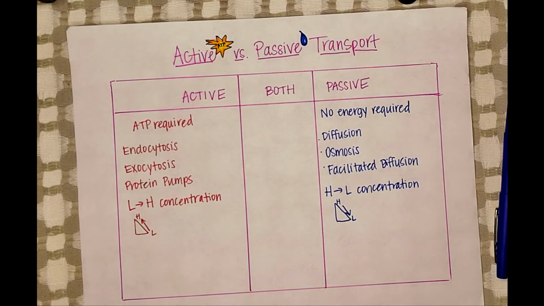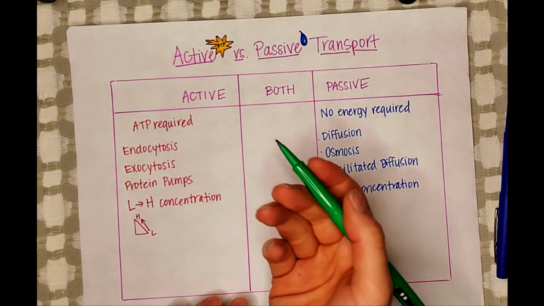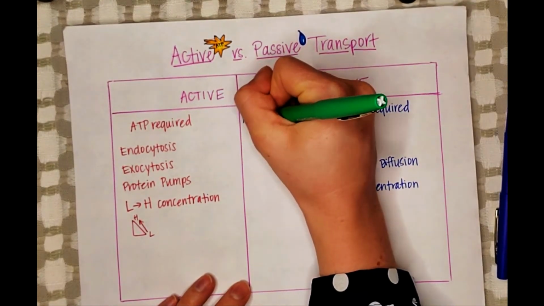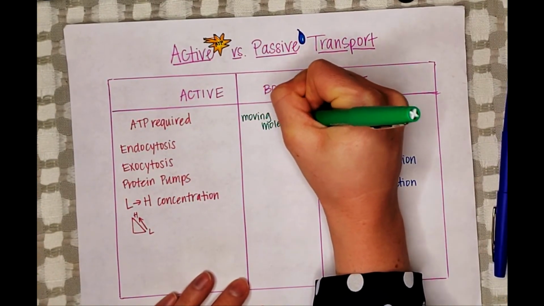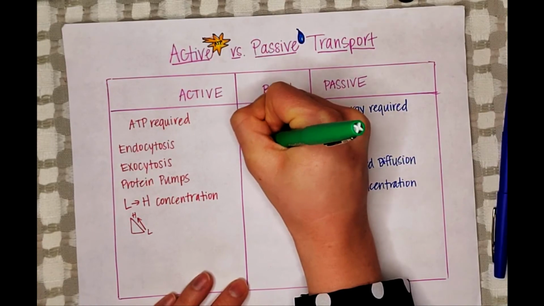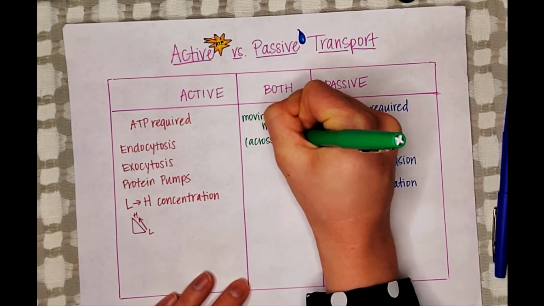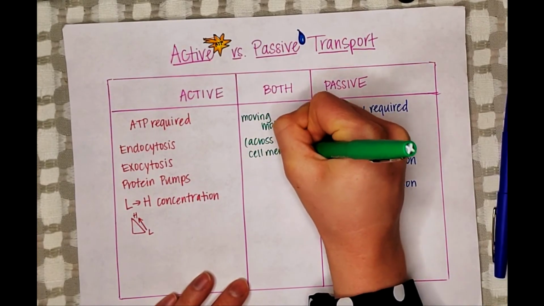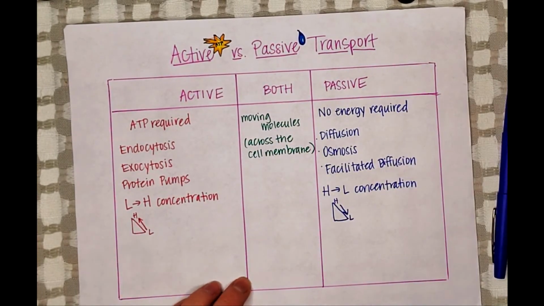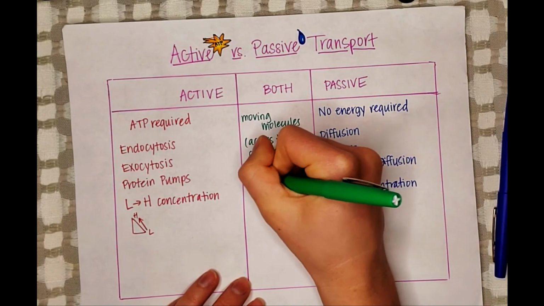Now we have to think of some similarities between the two. For both, we are moving molecules. And in particular, they're going across the cell membrane. We also have protein helpers.